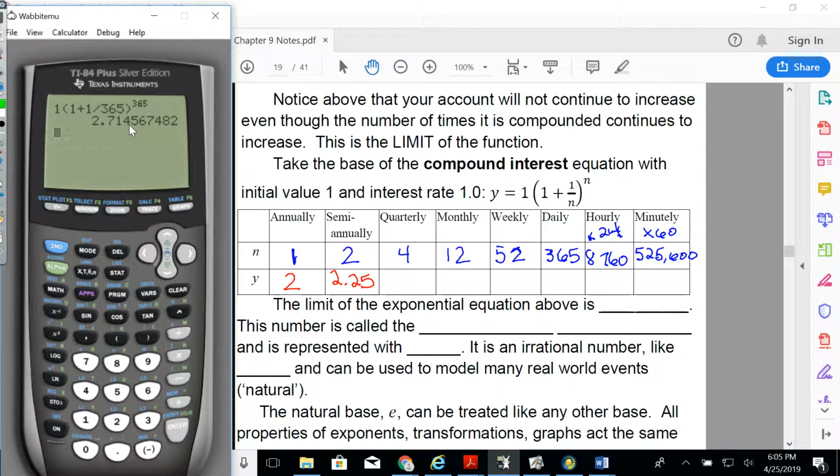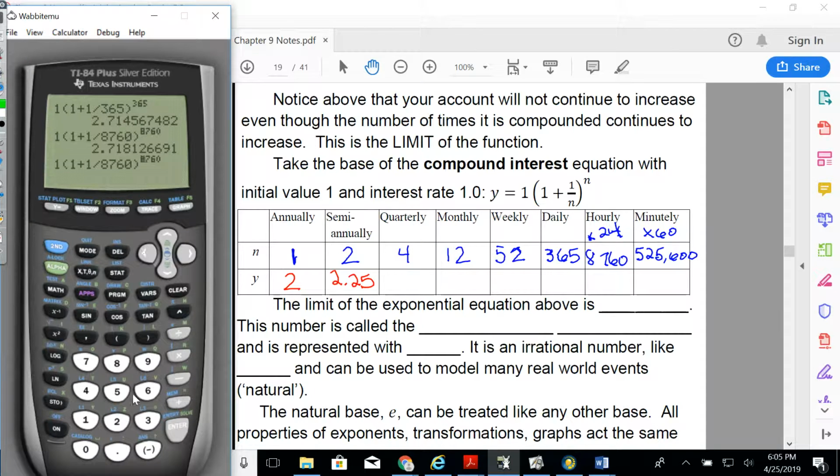So here, keep it at 3 decimals. 2.715, you can round it to. Because now it's going to start getting very close to each other. So 8760. And then over here, 8760. Make sure I close my parentheses this time. 2.7181 is what this one is.